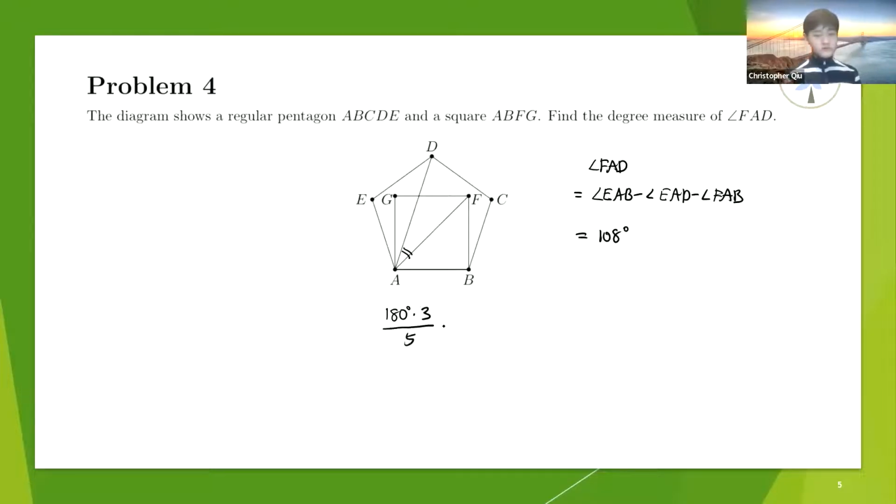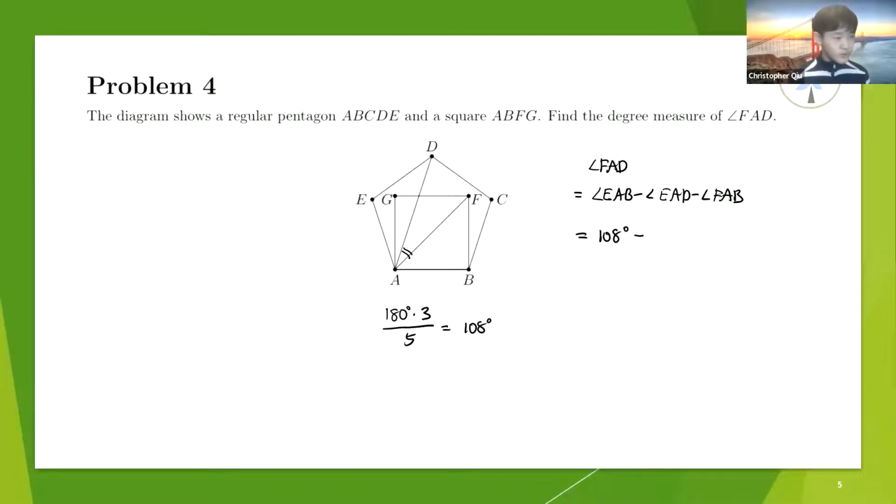That's the sum of all internal angle measures. And now we divide by 5 since all 5 angle measures are the same. So the angle measure here is 108 degrees. So that's the angle measure of EAB.